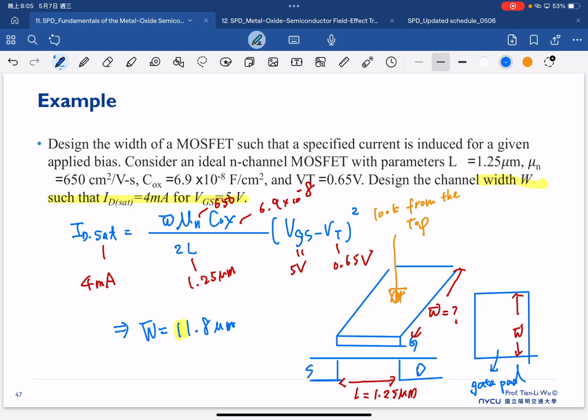So we have the source here. That's actually the real information that you will provide for fabrication purposes, what we usually call the layout.